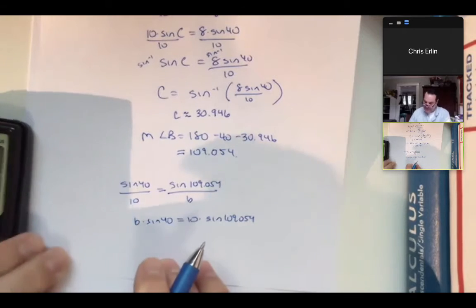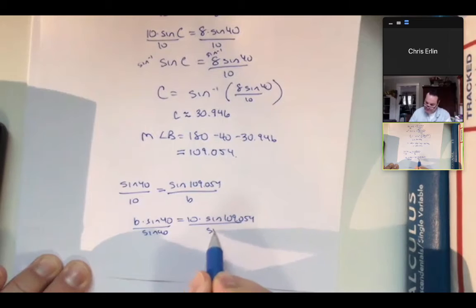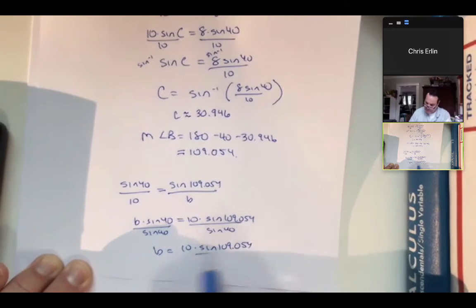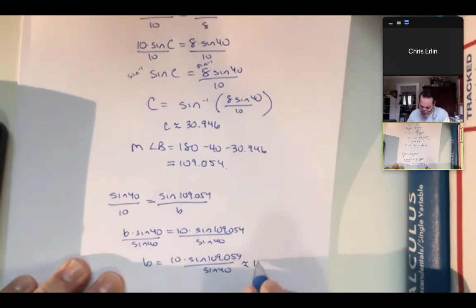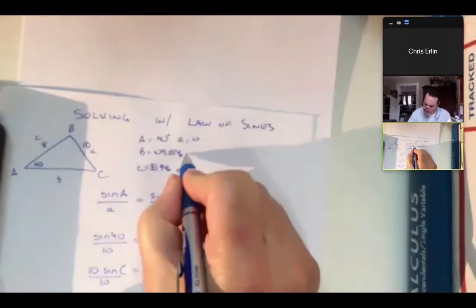I'm solving for b, so I need to get rid of what's being multiplied by b. And I can simply plug that into my calculator: 10 times the sine of that divided by the sine of 40 is about 14.705. b is equal to 14.705.